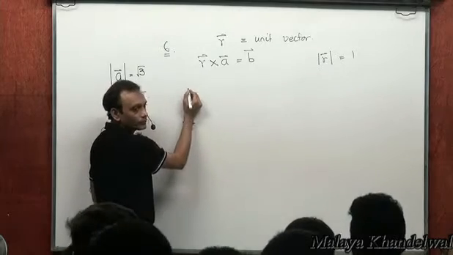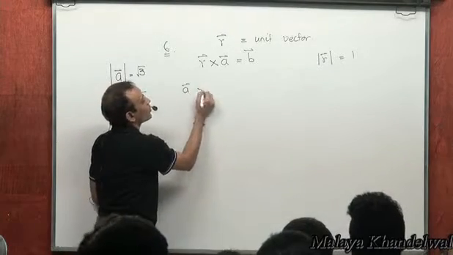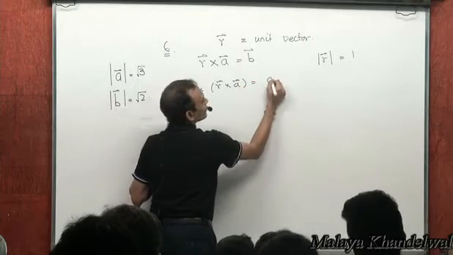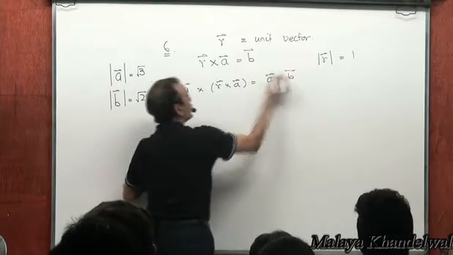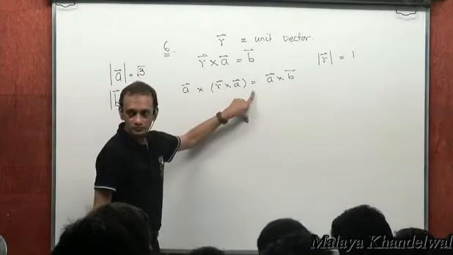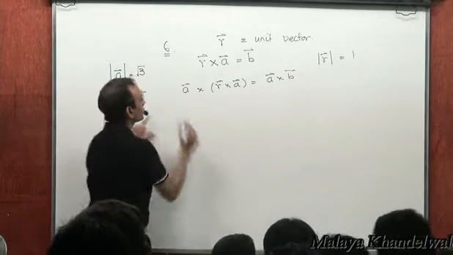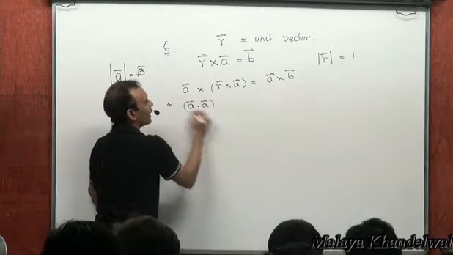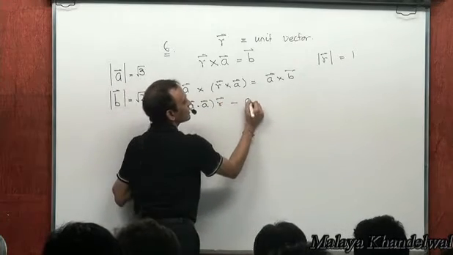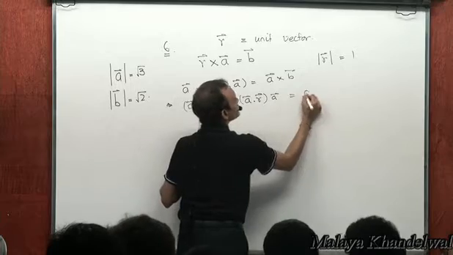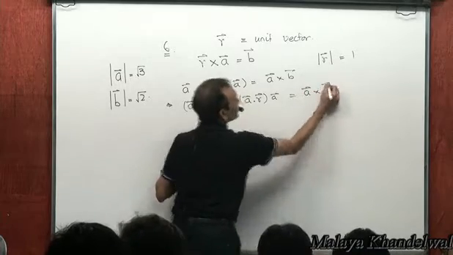Now, let me do A cross on both sides. A cross r cross A. This is vector triple product, which is like A dot A into r minus A dot r into A is A cross B, right?